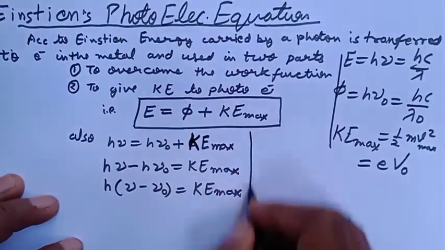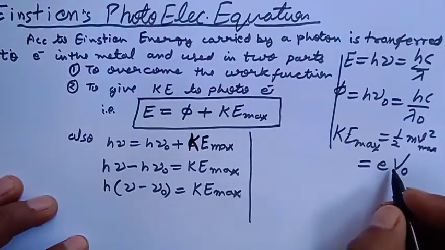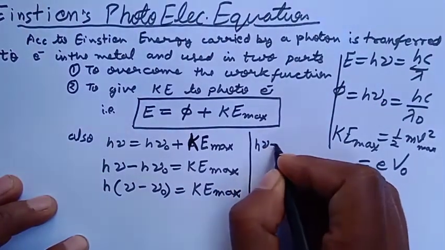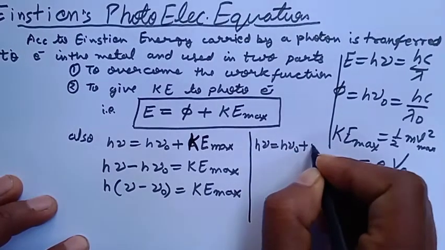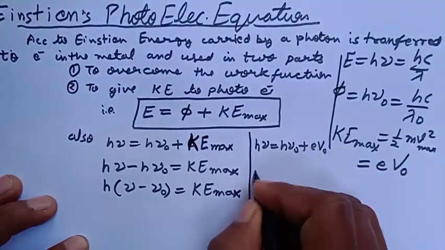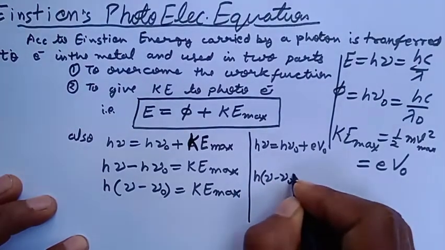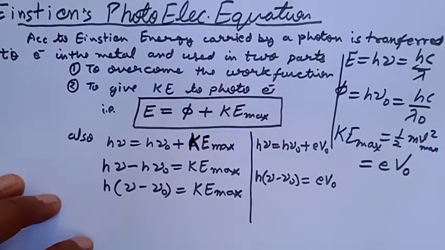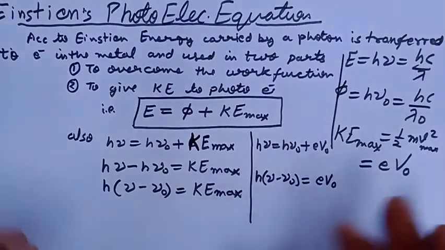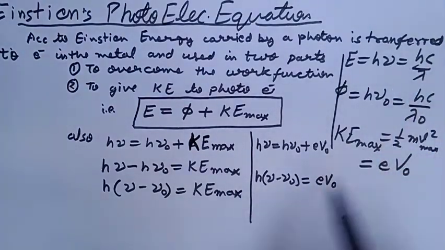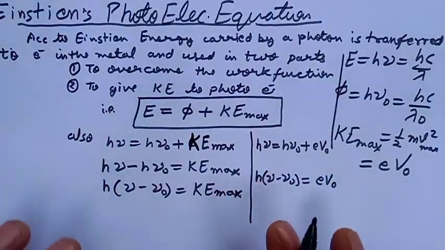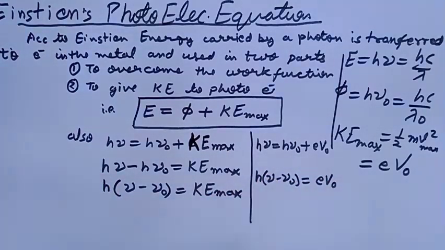And for KE max, if we use eV naught, then h nu equal to h nu naught plus eV naught, and then h nu minus nu naught equal to eV naught. Of course hc by lambda we can also put here, but what I want to explain can be explained according to these equations only.